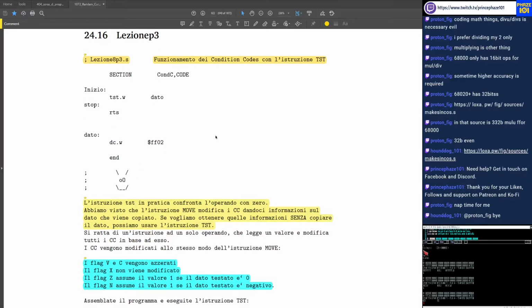Let's do lesson P3. And this is a short one. When you use the test instruction, TST, we are going to test for the value that we have in FF02.